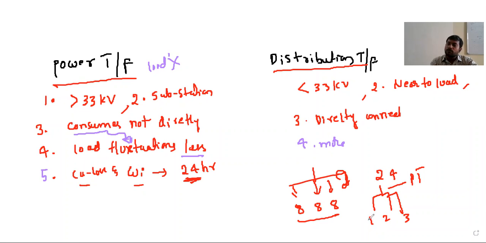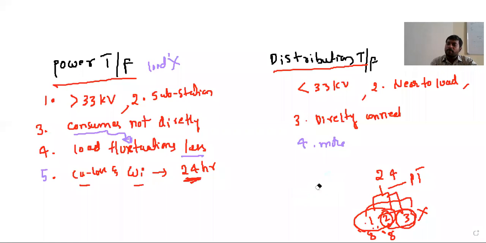Then for one street, 8 hours power supply will be disconnected, and continuous supply for 2 and 3. In the next 8 hours, supply will be disconnected for the second load, and 1 and 3 will be continuously supplied by the power transformer. And another 8 hours, the third load will be disconnected, and the second and first loads will be continuously supplied by the power transformer.